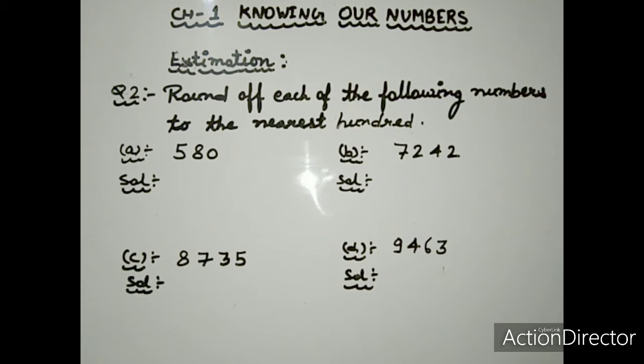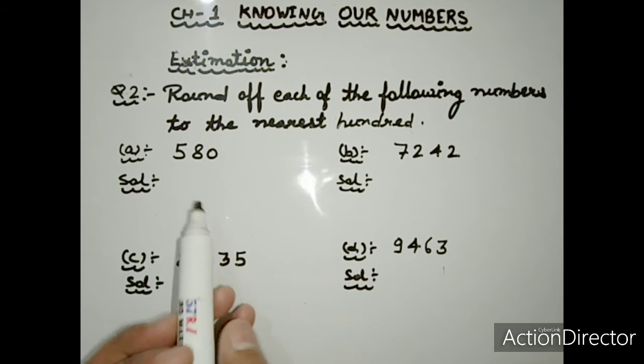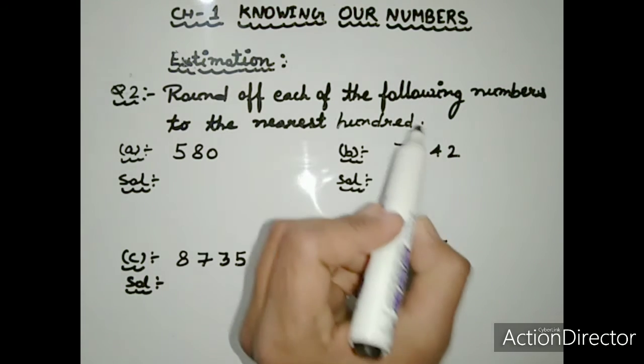Second, increase the digit at hundreds place by 1 and replace each of the digits at tens and ones place by 0 if the digit at tens place is greater than or equal to 5. So here we apply the same rule for nearest hundreds.